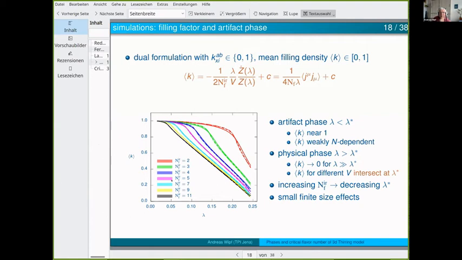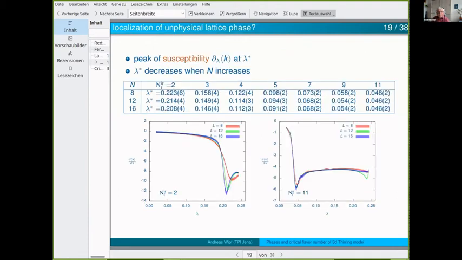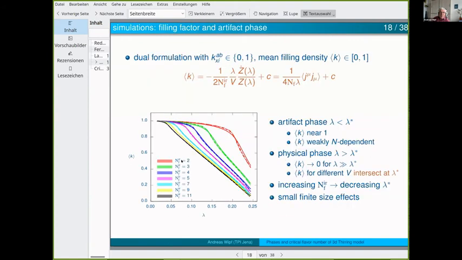And actually, if you analyze the derivative of this filling factor, which is a susceptibility, actually a fermionic 8-point function, then you see that we get sort of singularities. It's hard to see, and namely, these are the curves for different volumes here. I guess this was 16 and 24.